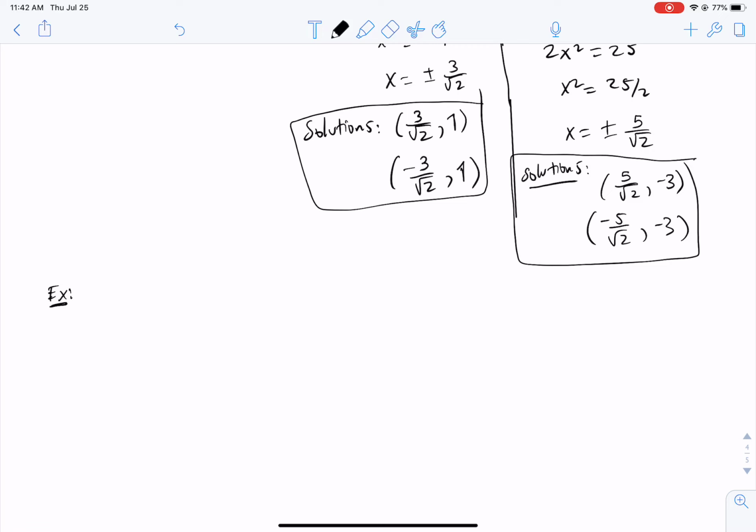So here is another one. Say I want to solve the system: x minus y squared is equal to -3, and 2x squared plus y squared is equal to 4, like this.